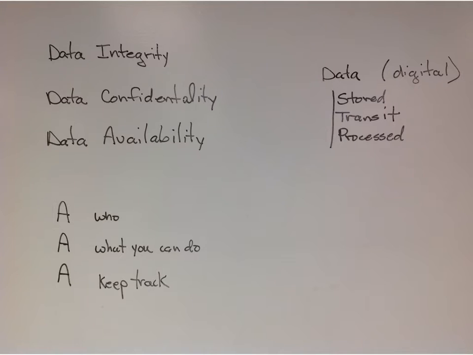we're slowly gathering some information on security, talking about security terms. Data is the key thing we want to secure. Digital data, how it's secured when it's stored and when it's in transit is what most people think of. Most people don't think about when it's being processed, but that's important too.